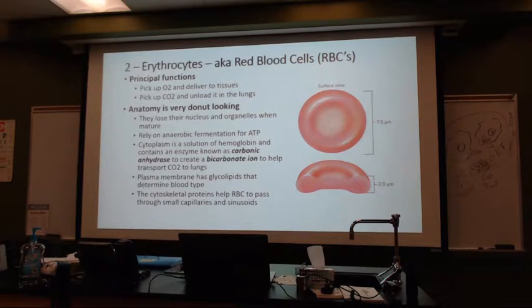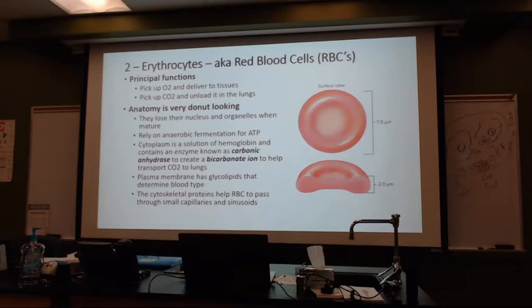It can release that enzyme, and that CO2 can be buffered. Because what did we say about the pH of the blood? We've got to keep it between that roughly 7.35 to 7.45.